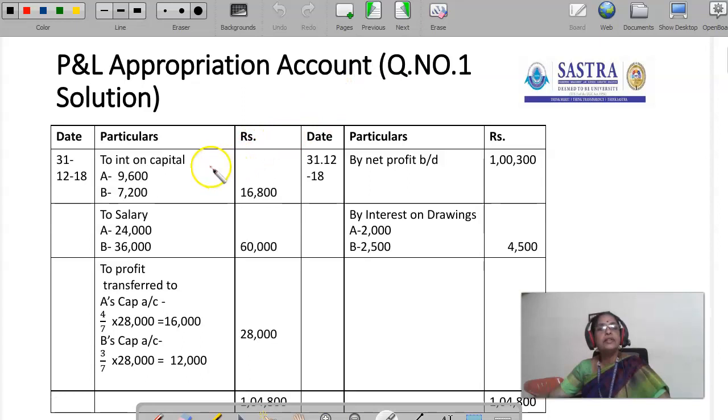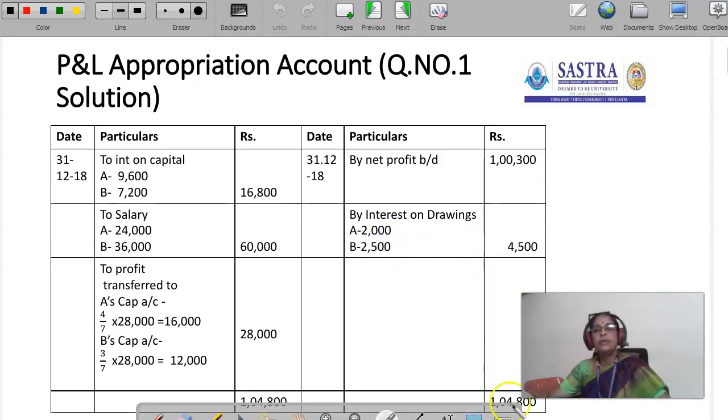For a firm, interest on capital and salary are an expense, so that should be debited. 9,600 plus 7,200 is 16,800. Yearly salary for A is 24,000 and for B is 36,000, so the total is 60,000. Net profit before adjustment is 1,300,000, and then interest on drawing, given directly as 2,000 and 2,500, is 4,500.